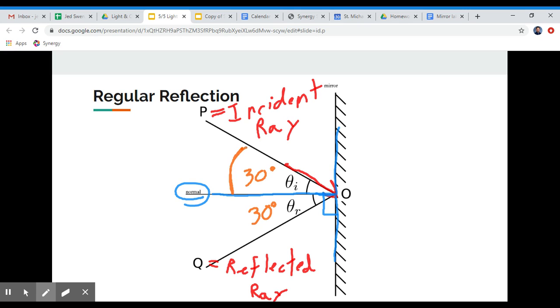It is not the angle between the ray and the barrier itself. We are not using that angle. You have to use this angle between the ray and the normal. Same for the reflected. It's the angle between the ray and the normal.